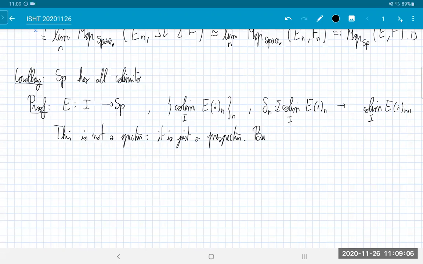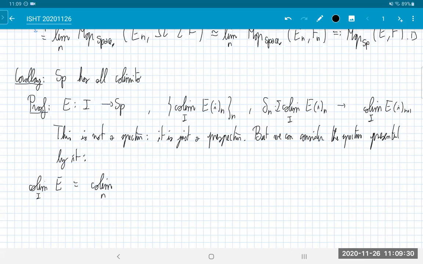But we can consider the spectrum presented by it. I'm going to call it colim I E, because that's what it's going to be. It's going to be the colimit over n of omega n sigma infinity colim I E_I n.